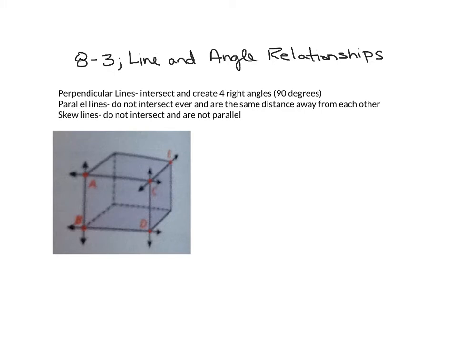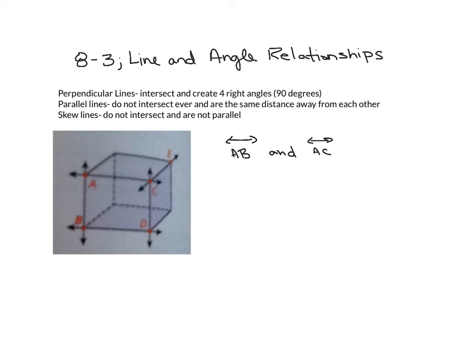So they want you to look at that diagram, and we are going to be saying whether the lines that they give us are parallel, perpendicular, or skew. So the first ones they give us are line AB and AC.